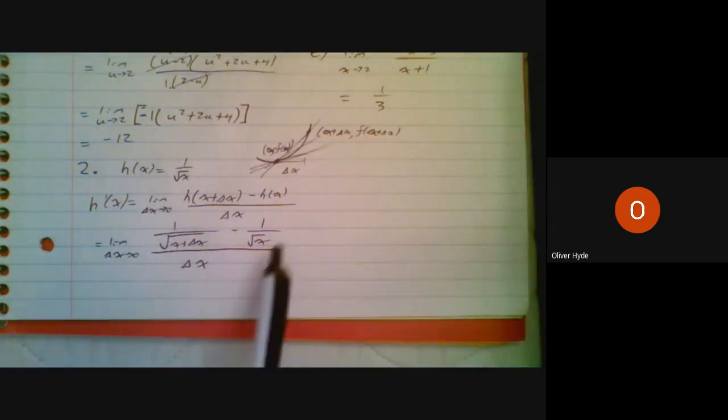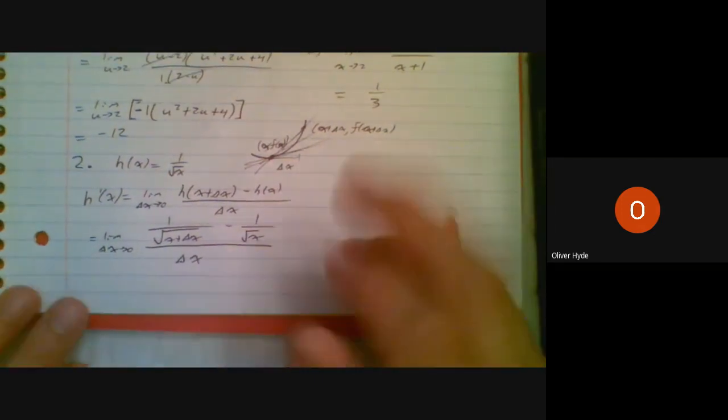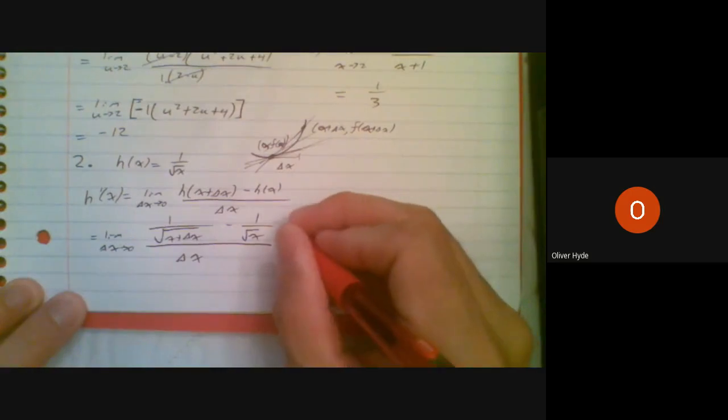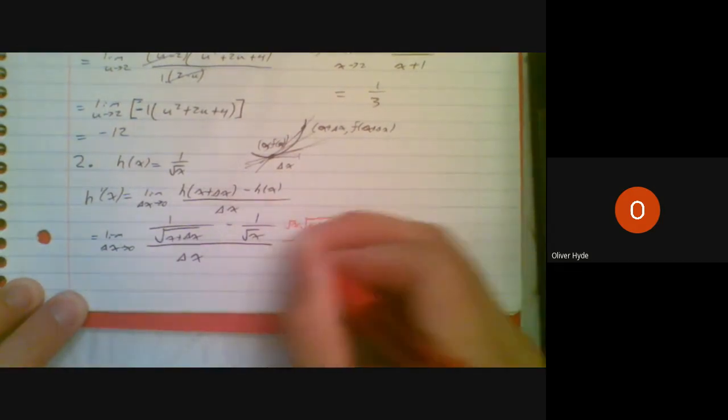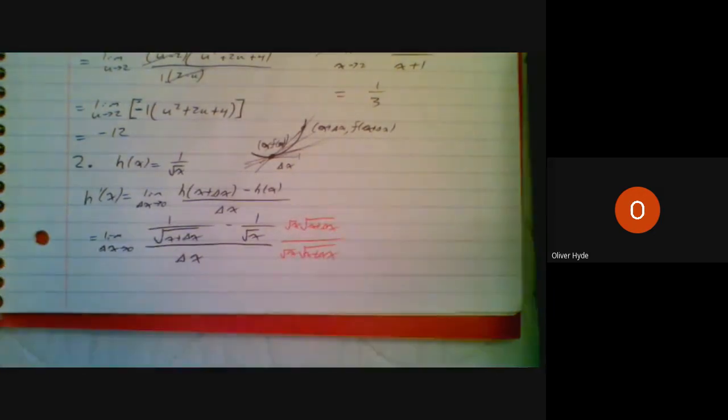I'm going to argue that we should get rid of the minor denominators first. Students that tried rationalizing first had a bit of a rough ride on a question like this on our test. Might have been this question. So I'm going to multiply by root x plus delta x over root x plus delta x. Again, I'm multiplying by 1.